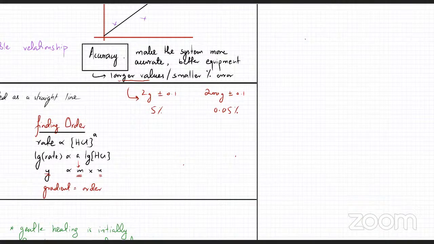So they make a more concentrated solution, adding more mass, and then dilute it with water. It's going to be more accurate that way. Is this idea clear? Yes, sir.